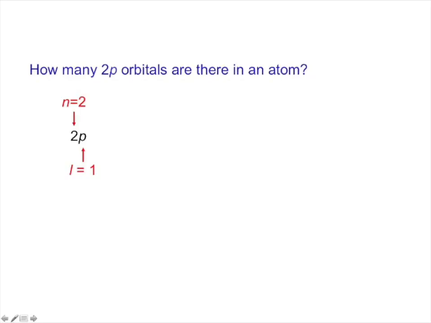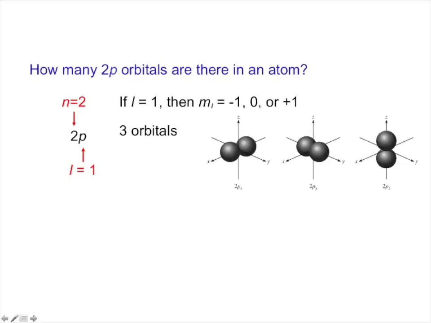If you look at 2p, n equals 2 because there's a 2 in front, and l equals 1 because we wrote the letter p. Now when l equals 1, m sub l can go from negative 1 to plus 1 with three possibilities: negative 1, 0, plus 1. Each one of these magnetic quantum numbers gives us a description of an individual orbital. Since there are three possible quantum numbers, we have three orbitals. So there's px, py, and pz.